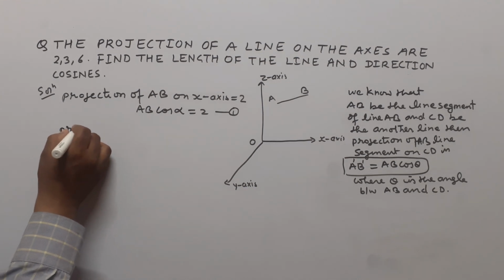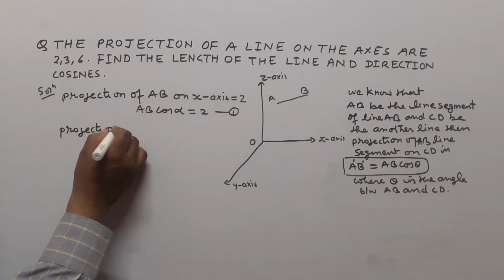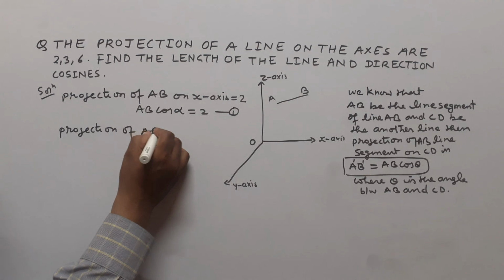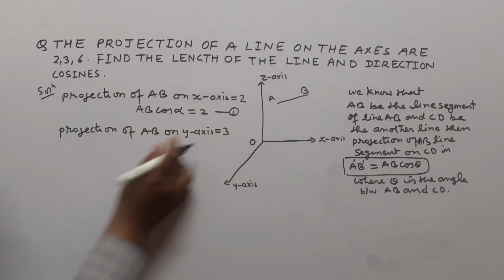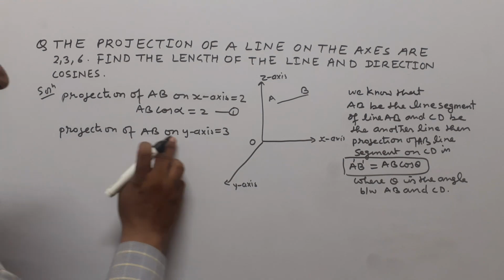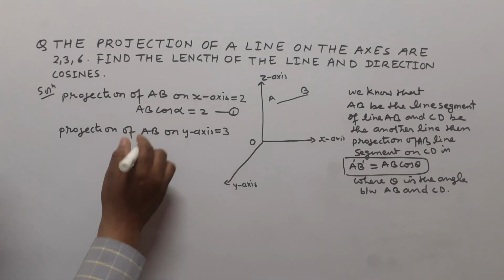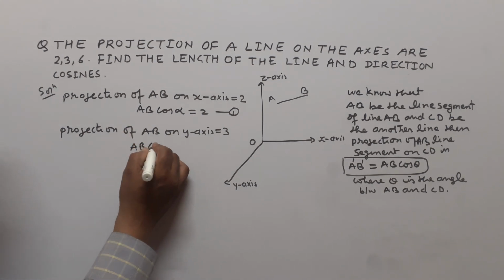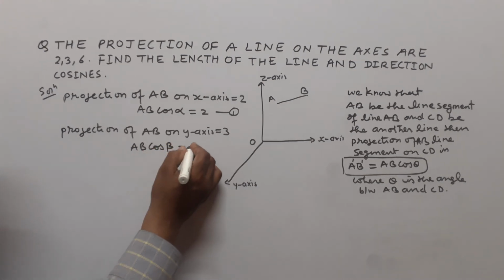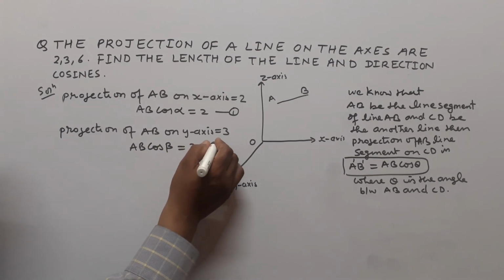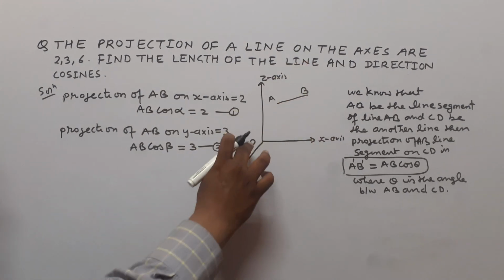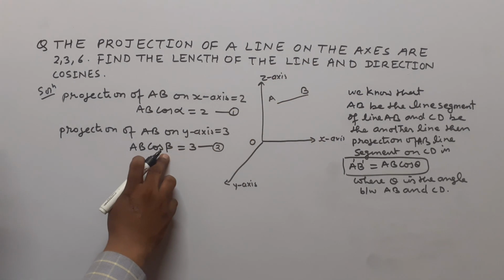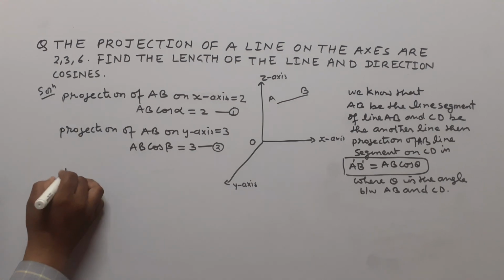Similarly, the projection of AB on the y axis is equal to 3, and this can be written as AB cos beta is equal to 3, because here the angle between the line AB and the y axis is beta.